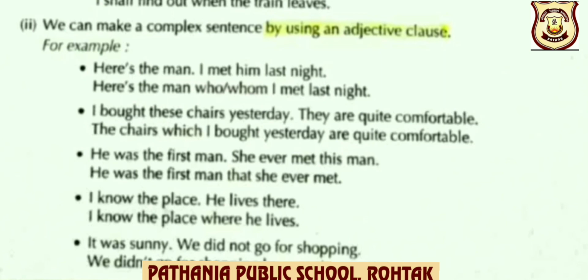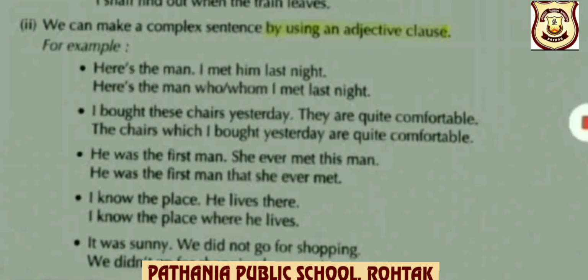So we all very well know that an adjective clause defines the noun or pronoun that comes before it. So here you can see that it is whom I met last night. It's defining the man.